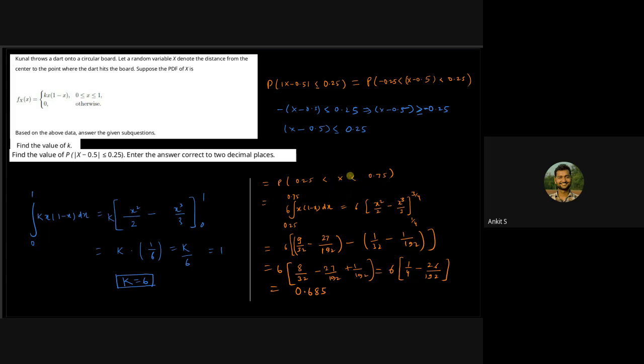Calculating this probability is very easy. You just take the PDF function and integrate it from 0.25 to 0.75. This is just the integration, not something I need to discuss here. So you get this value.